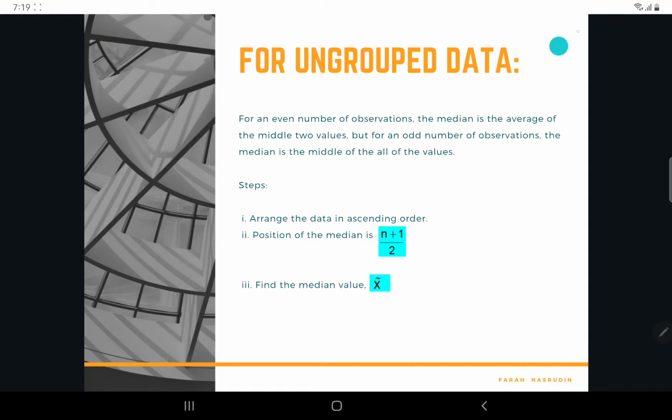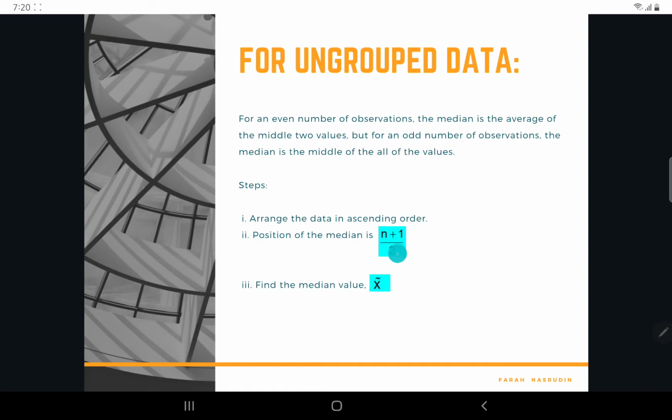So actually the steps are, first you need to arrange the data in order. It doesn't matter whether it is ascending or descending order, as long as it is arranged in order. Then the position of the median is (n plus 1) divided by 2.